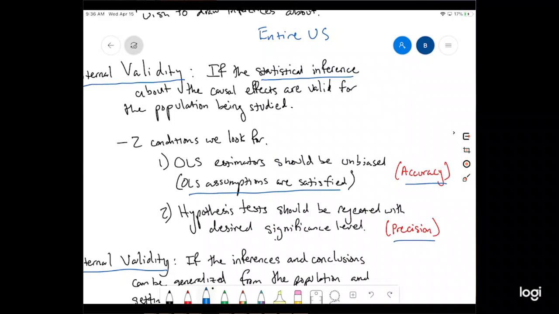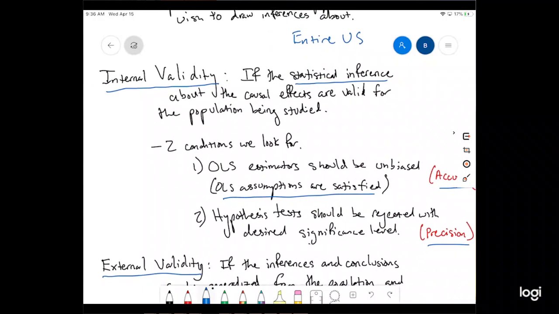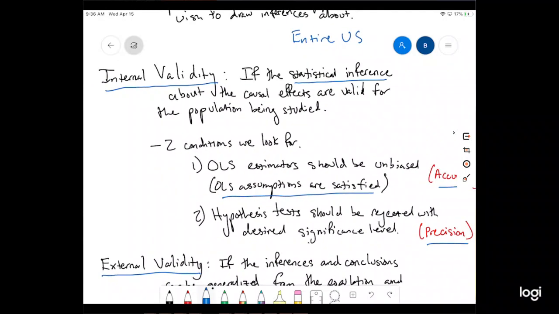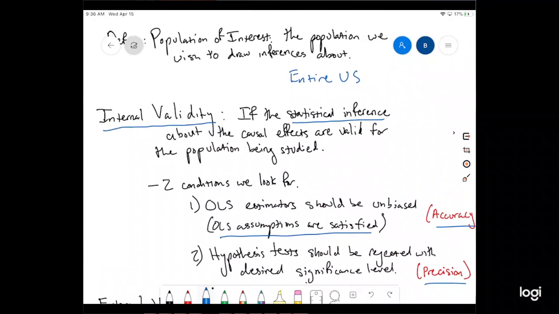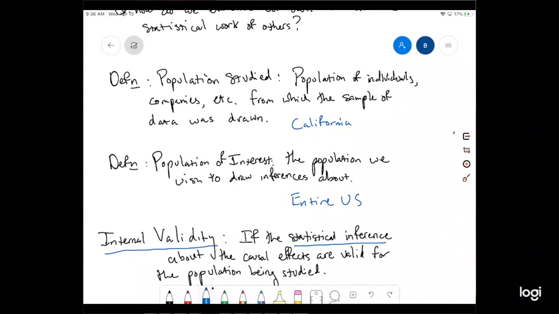So for internal validity, the statistical inference about the causal effects must be valid for the population being studied. In other words, our population studied is California, and we estimate a model using California data. Do the estimates apply to school districts in California? Do we believe our estimates for school districts in California?